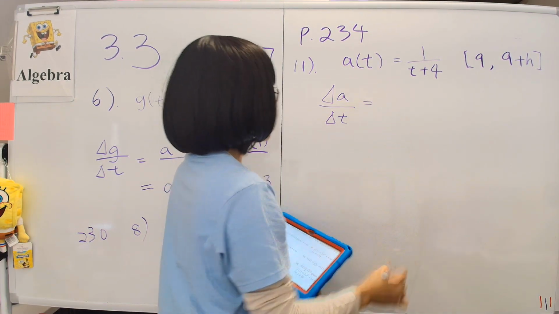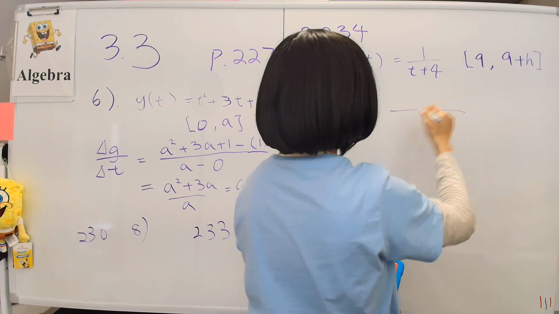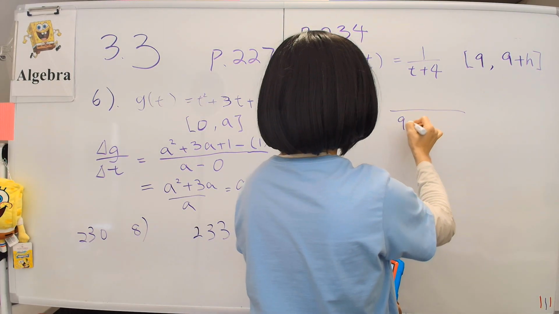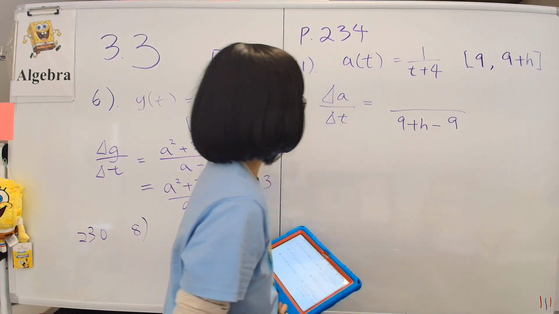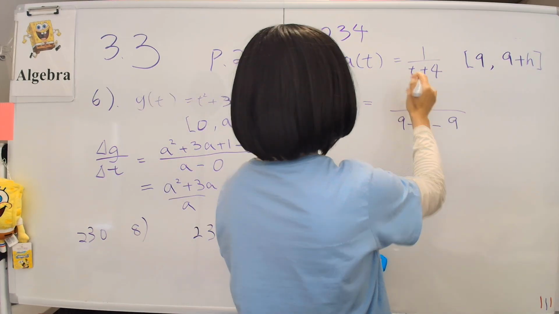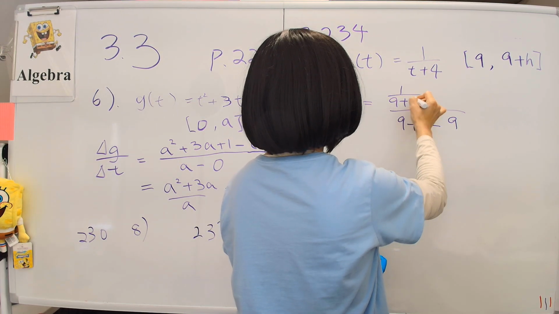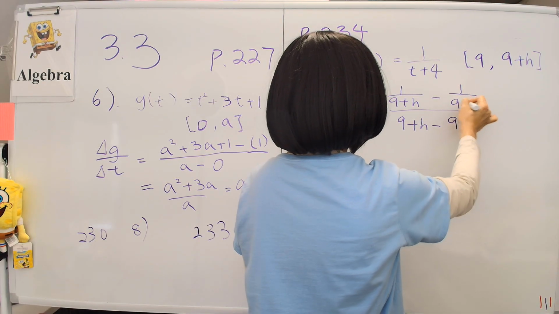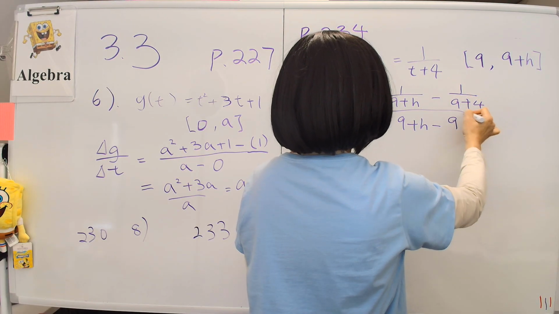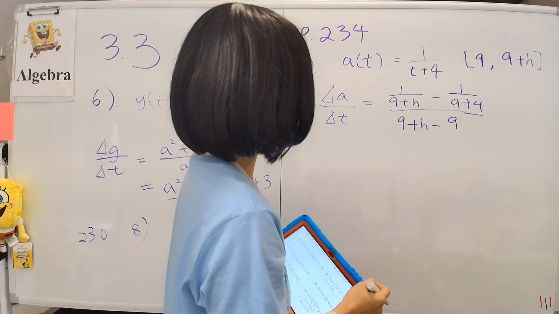On the bottom, the final is 9 plus h, minus the initial, which is 9. And then on the top, we'll plug it in: 1 over 9 plus h, that's the final result, minus 1 over 9 plus 4. Once we get this fraction to come out, then we will get the answer.